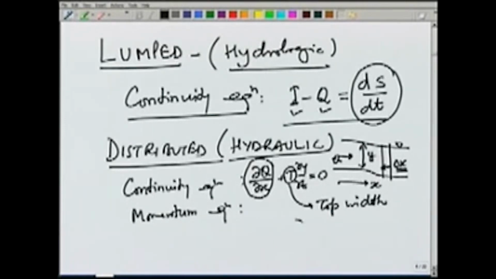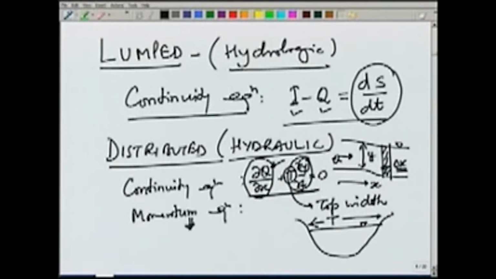So, if the channel cross section is like this and water is flowing at this level, then T would be the width at the top of this section, y is the depth of flow and q is the discharge. So, this gives the continuity equation relating the net inflow with the change in volume within this control volume.